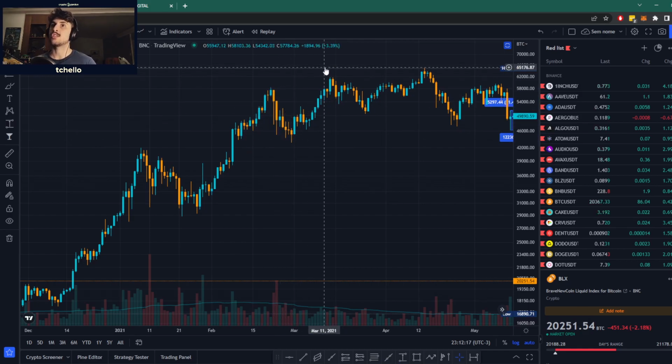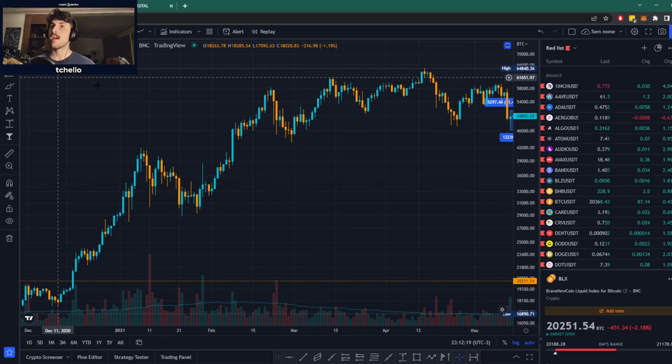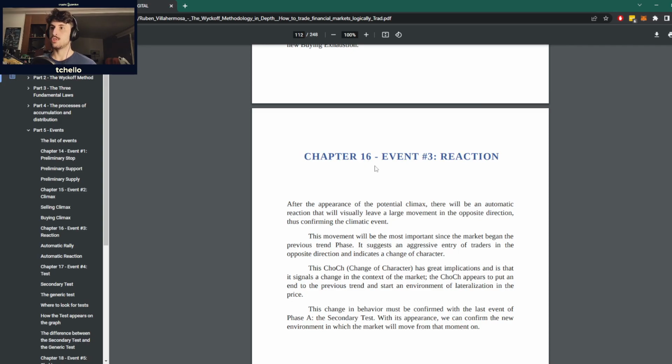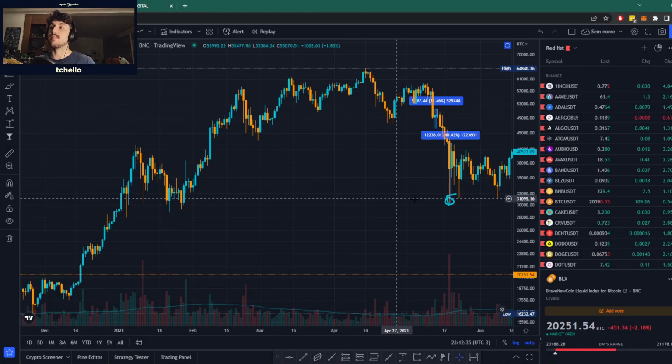This represents a major change in character of a trend, so it has great implications, as Ruben points out to us here. It puts a definitive end to a previous trend, and it starts this environment of lateralization.